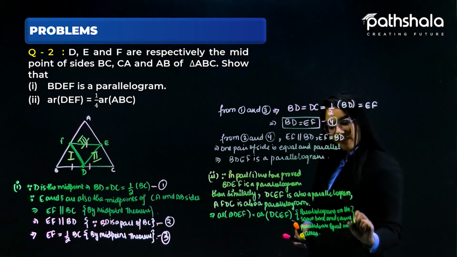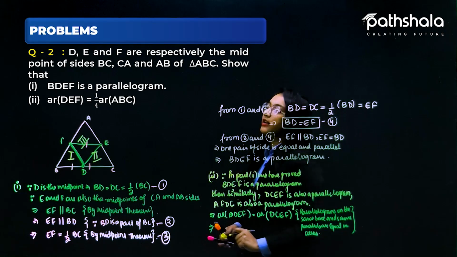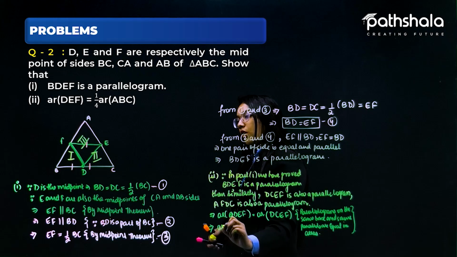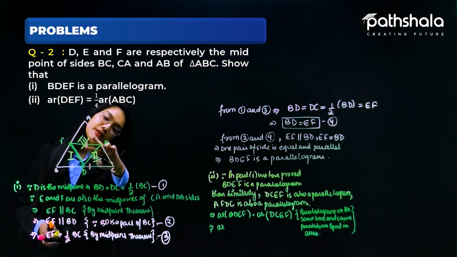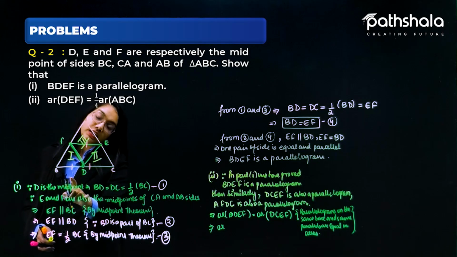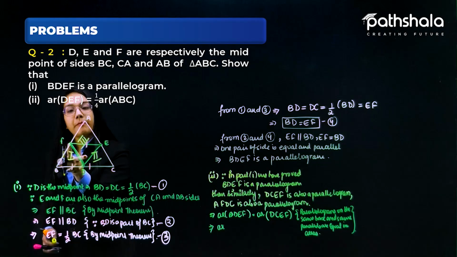We can say this fact. And similarly, if I'm talking about the area of this parallelogram AFDC and this parallelogram BFED, they are lying again on the same base and between the same parallels.